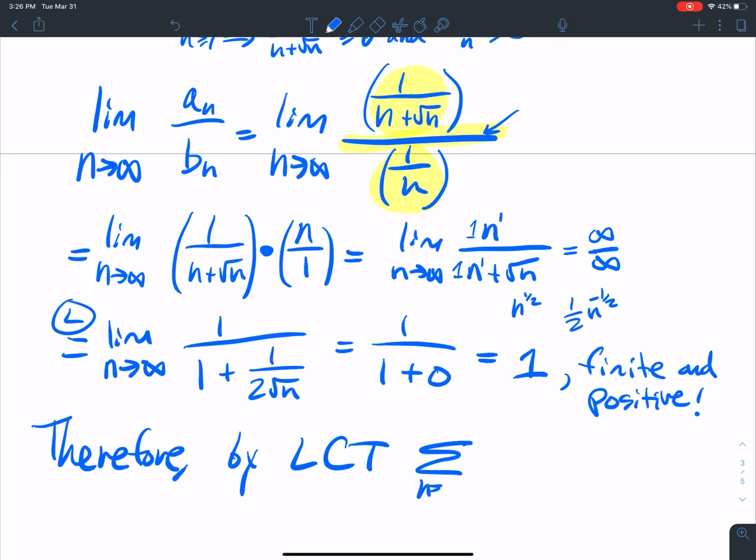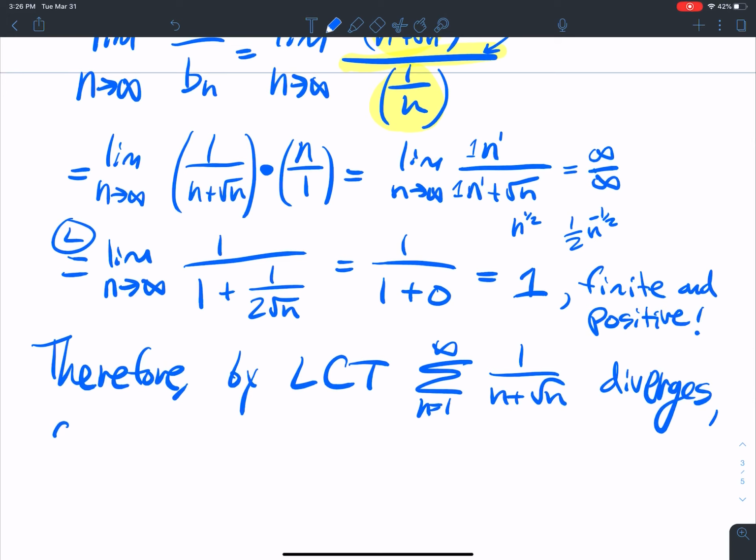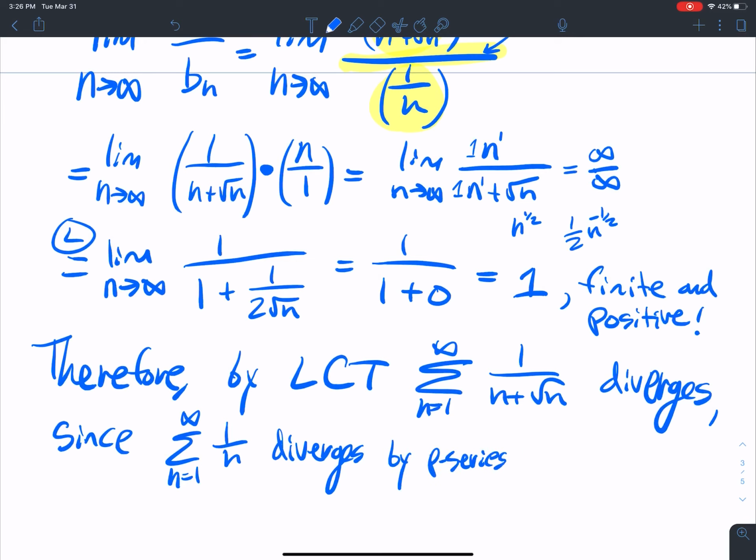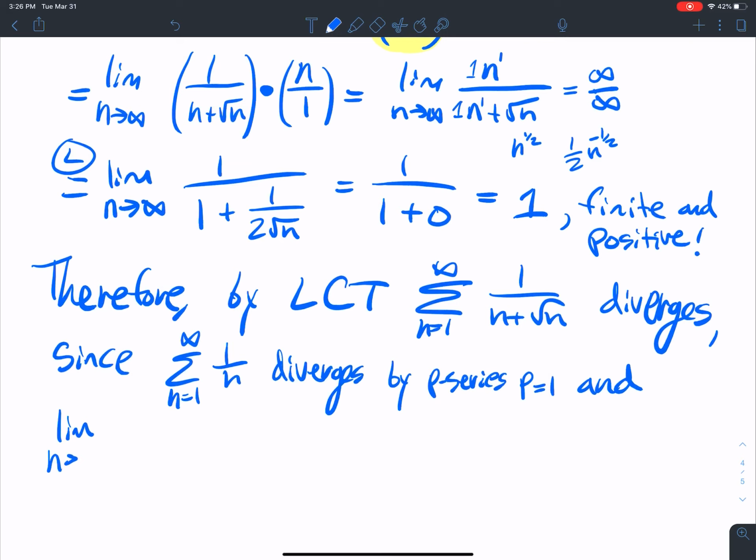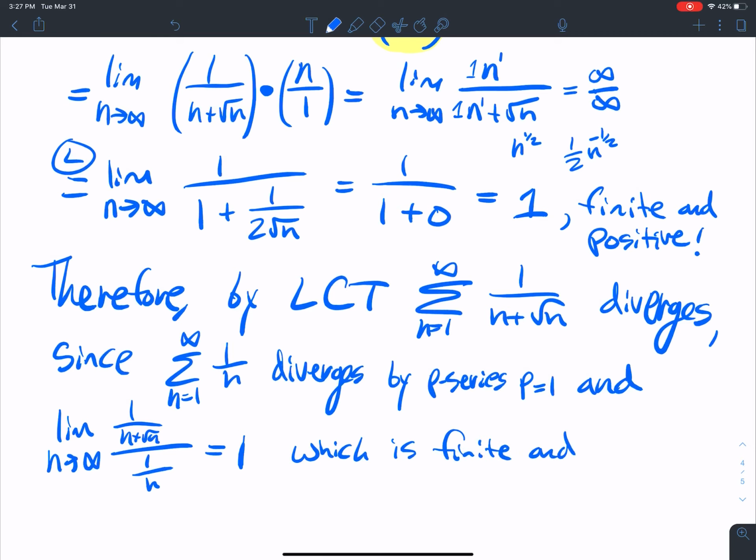The series n equal 1 to infinity of 1 over n plus the square root of n diverges since the series n equal 1 to infinity of 1 over n diverges by P series, P equal to 1, and the limit as n goes to infinity of 1 over n plus the square root of n divided by 1 over n equals 1, which is finite and positive. So we're just summarizing everything that we did here.